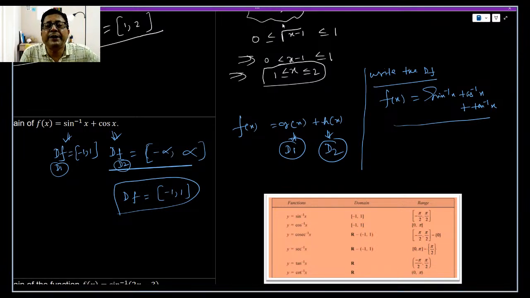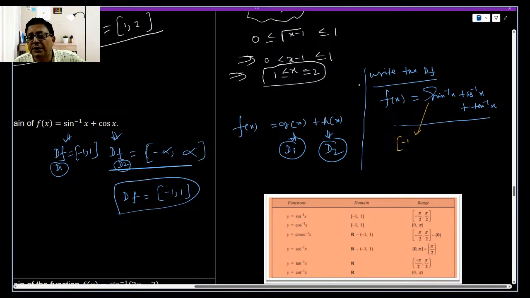So let us complete. Domain of this is -1 to 1. Domain of this is -1 to 1. Domain of tan inverse x is -infinity to infinity.